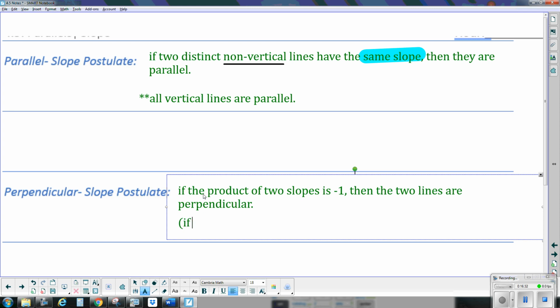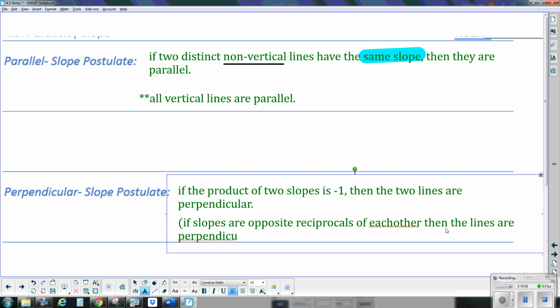So if slopes are opposite reciprocals of each other, then the lines are perpendicular.